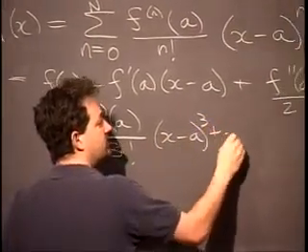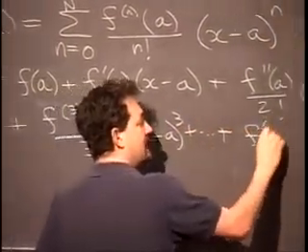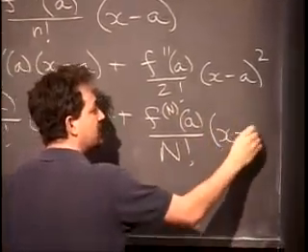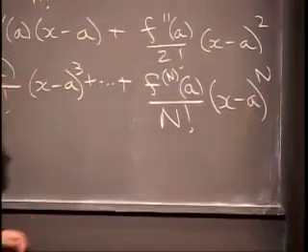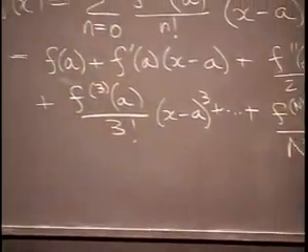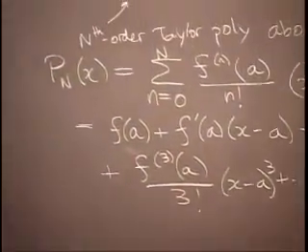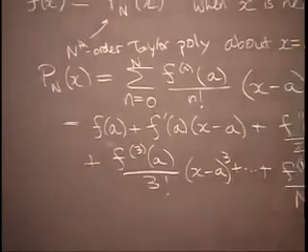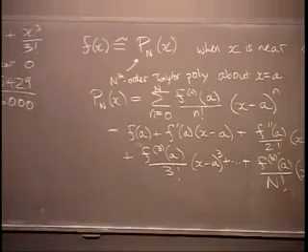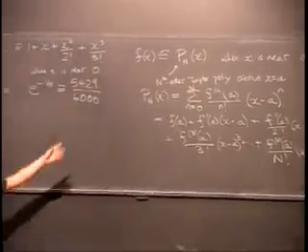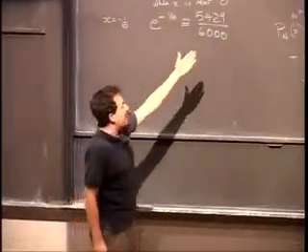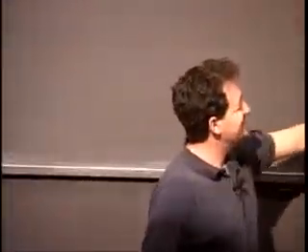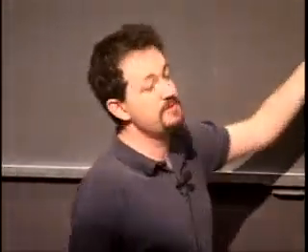And this goes on up until the capital Nth derivative over capital N factorial, x minus a to the capital N. Okay, so this was the first main concept, that you can use a polynomial to approximate a function which is not a polynomial. Actually, it turns out that if, for example, f happens to be a polynomial of degree capital N or less, then this is equal to the polynomial.